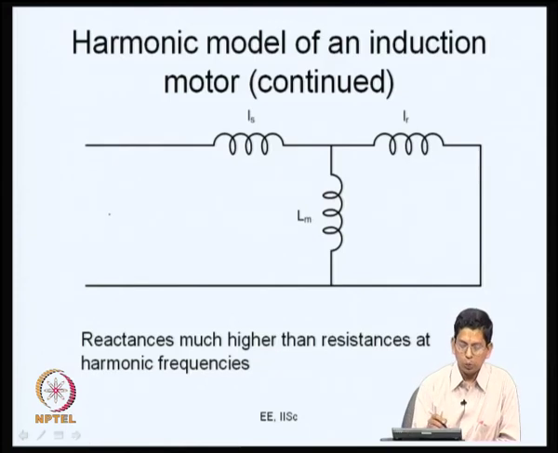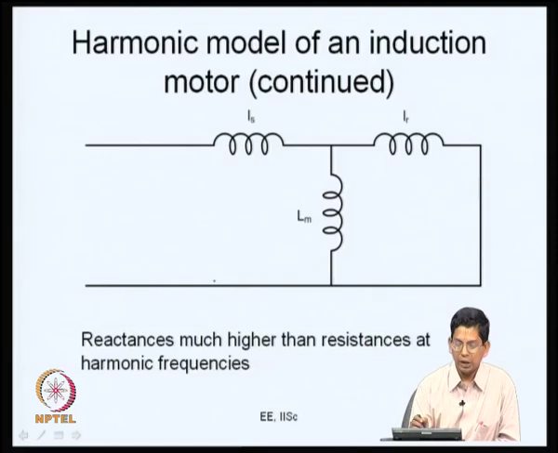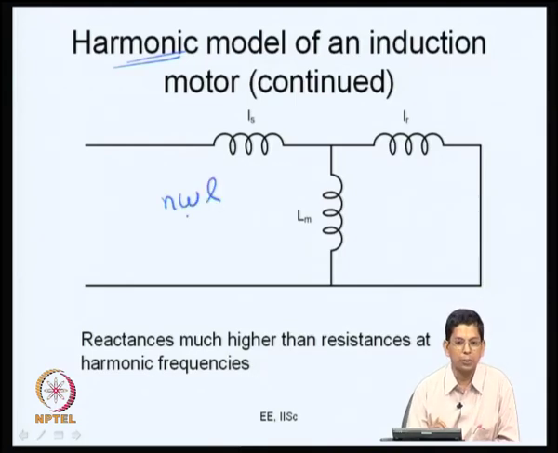So, what you have is you basically had only the stator winding resistance and the rotor winding resistance, and when you are looking at harmonic frequencies, this omega L actually offers n times omega L, where omega could be the fundamental frequency. The harmonic frequency is n times omega L s, the reactance seen by this, and n times omega L r is the reactance seen by that.